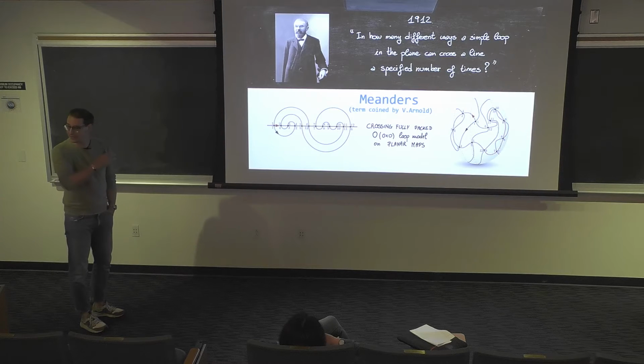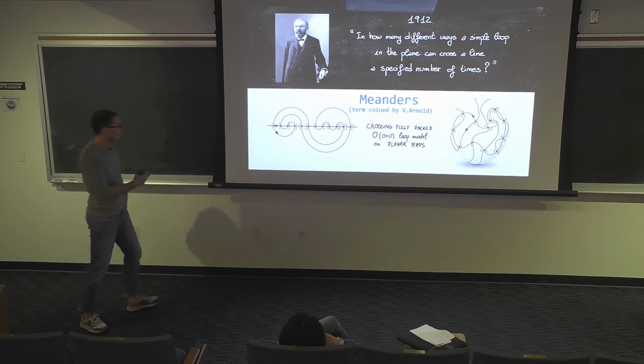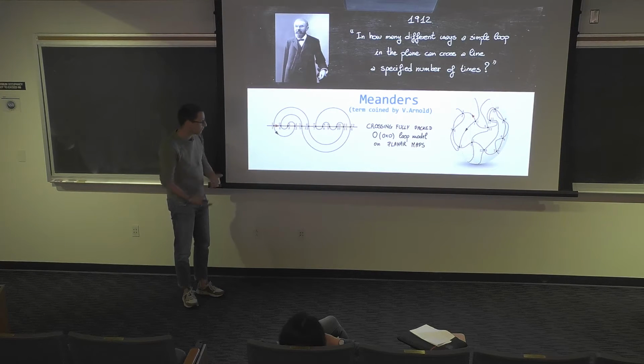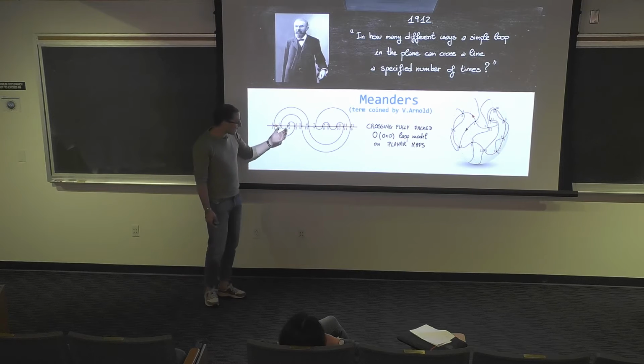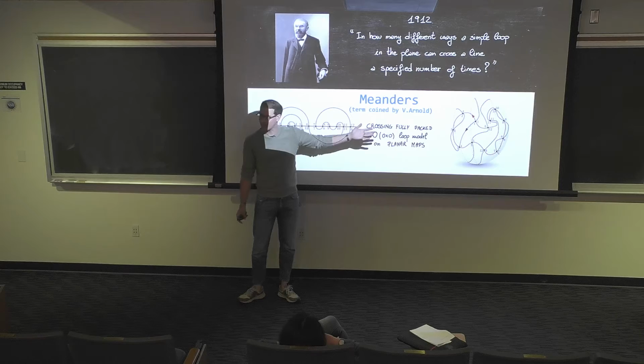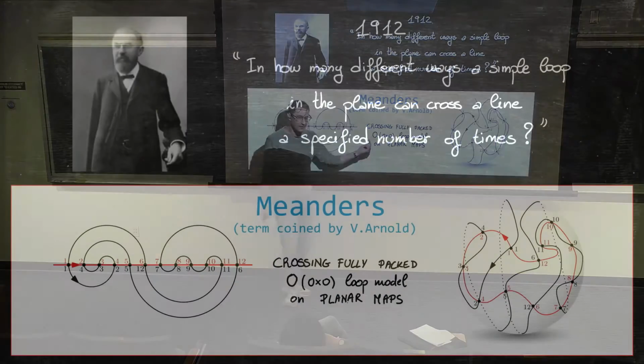So why am I interested in meandric systems? Because, again, this is a particular case. This is the real question where I started to get used to this model. And again, this is another form of the same crossing fully packed loop model on planar maps, but now the 2 parameters are 0, 0.